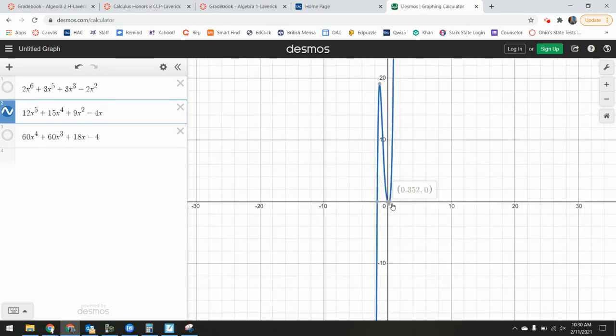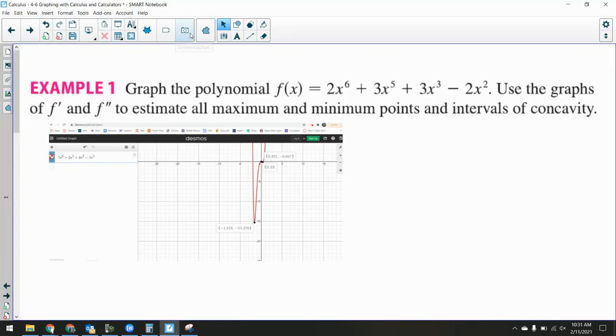Okay. I also want to reveal all these points, my local maximums and local minimums of my derivative. And you'll see why here in a second. So I'm going to screenshot that in. I would like you to separate them, because that would be a lot in one.